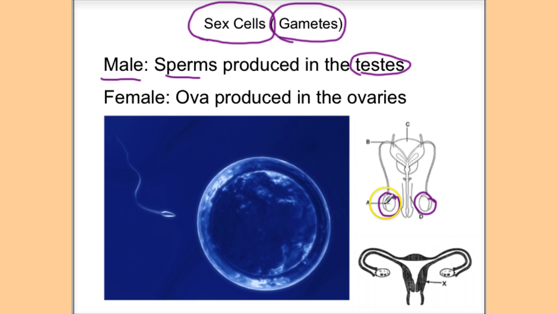So sperms are made in the testes of males, and in females, ova, if you could remember, these are the eggs, are produced in the ovaries of females. Females have two ovaries, and here is where ova or ovum are produced.